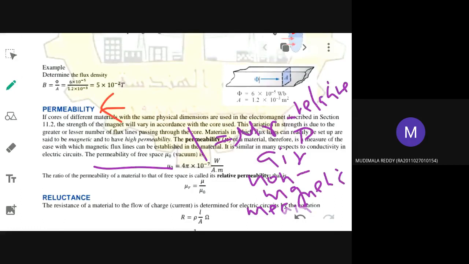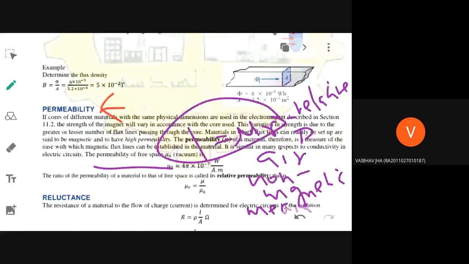So for all non-magnetic media, mu r will be equal to 1, including air, free space or vacuum.